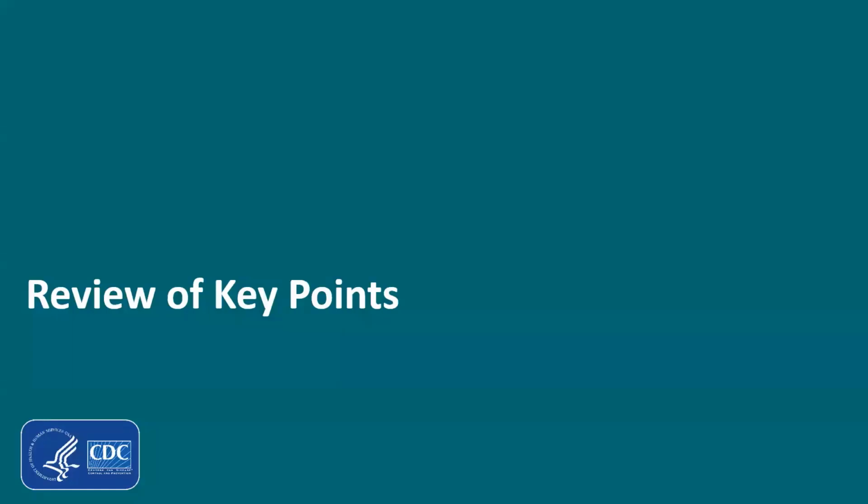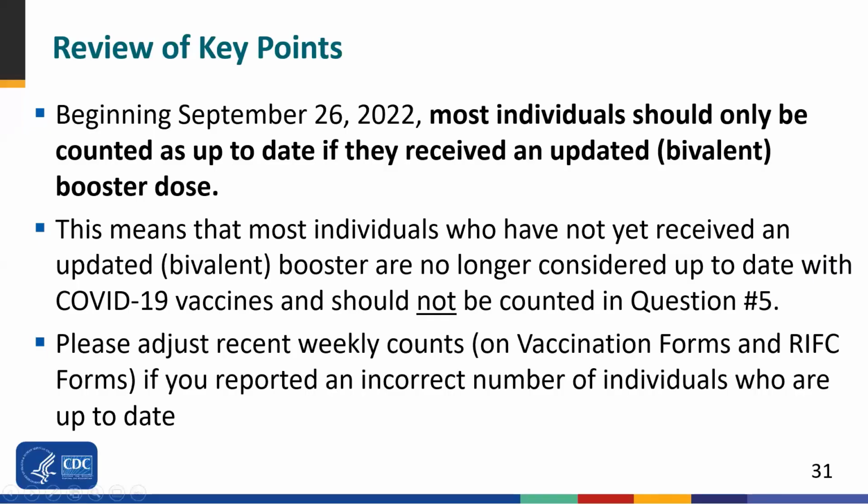Now let's review a few important key points about the updated bivalent booster dose. Earlier in the month, an email blast was sent with this reminder. Please note that beginning September 26, 2022, most individuals should only be counted as up to date if they received an updated bivalent booster dose.